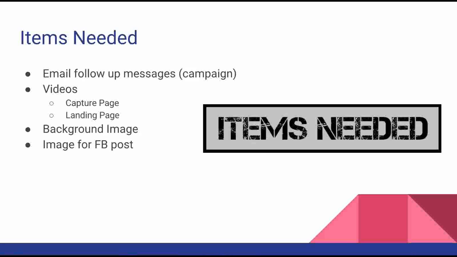So we've got capture pages already created. There's usually 3 to 4 emails that have already been pre-written, but maybe you want to add more. Maybe you want to edit those messages. Maybe you want to change those messages altogether. You're going to be able to go in and create email follow-up messages. And we're going to share that with you tonight so you'll know exactly how to do that.